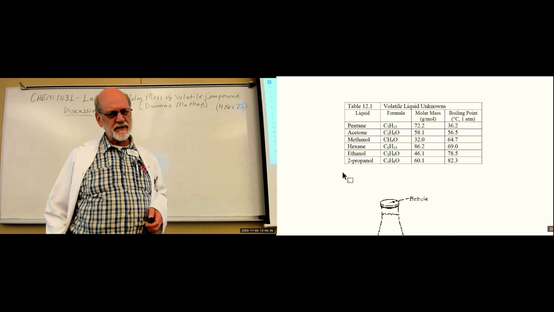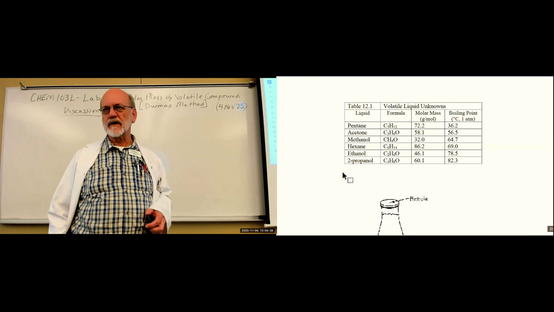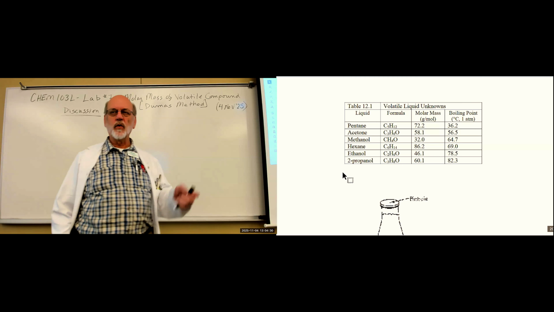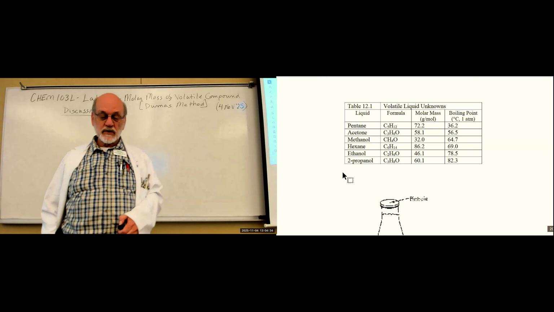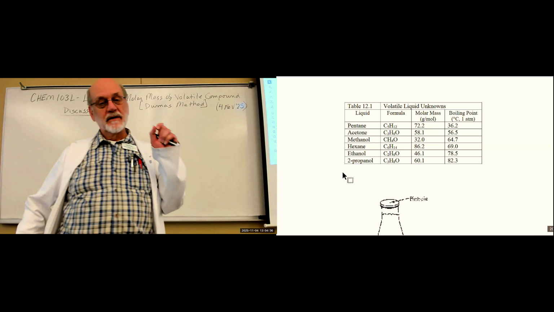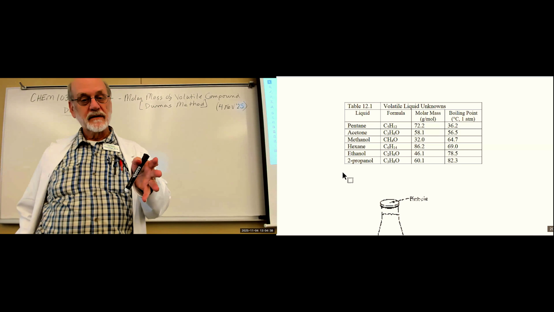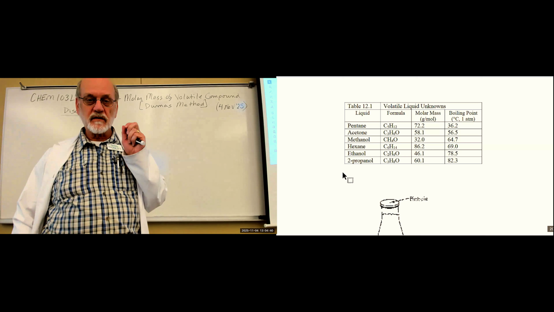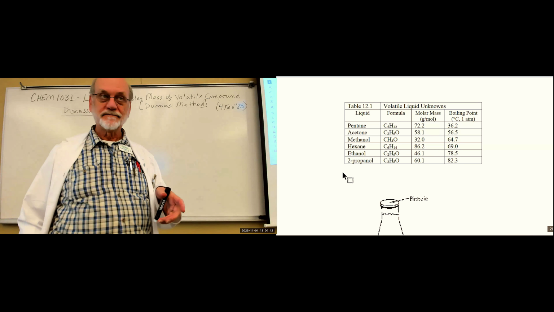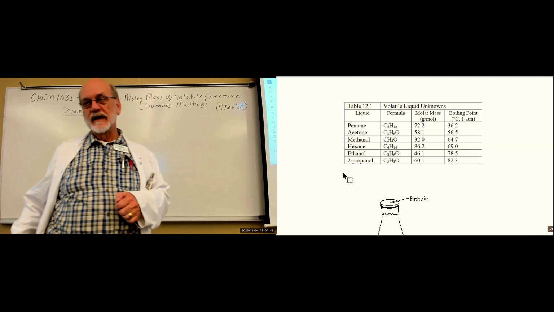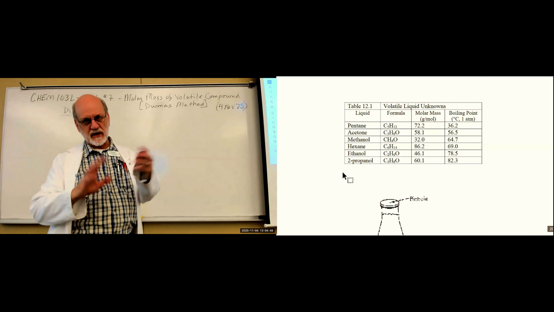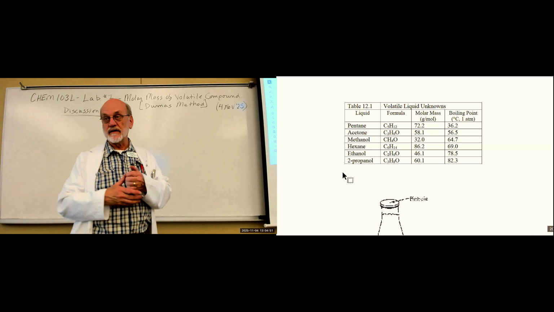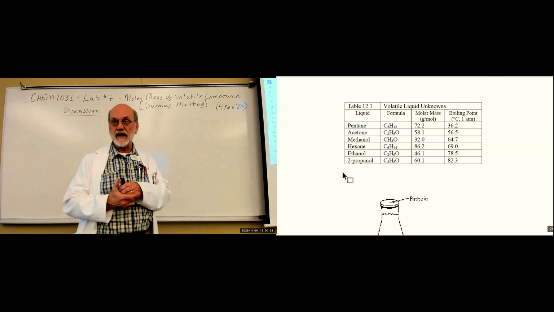Hexane, methanol, and pentane are a little more difficult to discern unless you work with them regularly. But we should be able to identify which compound you picked based upon your calculated molar mass. That's the objective. And once you've got a number, then I can tell you what it is, and you can put that into your notebook and compare your results with the expected value.